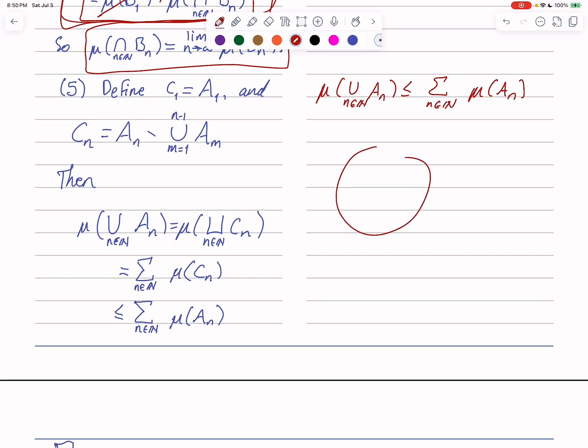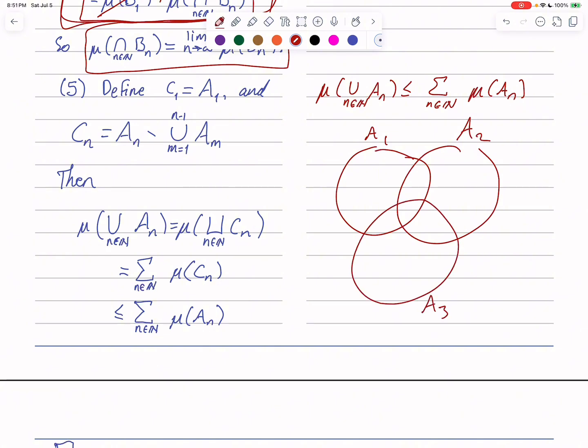We could have A1 is like that, and A2 is like that, and A3 is like that, and it can keep going and keep going. So how are we now going to build a disjoint sequence of measurable sets? Well, as usual, when you have A1, it just makes sense to take A1 whole. That's disjoint in some trivial sense.